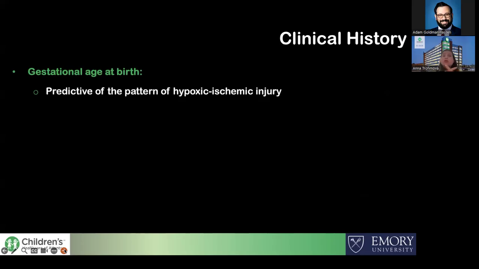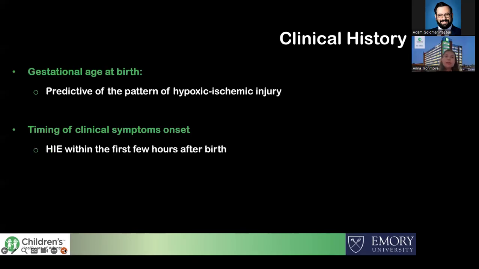First of all, of course, is gestational age at birth, because it's going to affect a lot of imaging aspects. For example, it could be predictive of the pattern of hypoxic ischemic injury that we can see. Another very important piece of the clinical history is timing of clinical symptom onset.